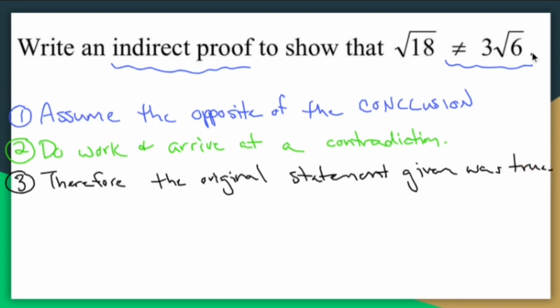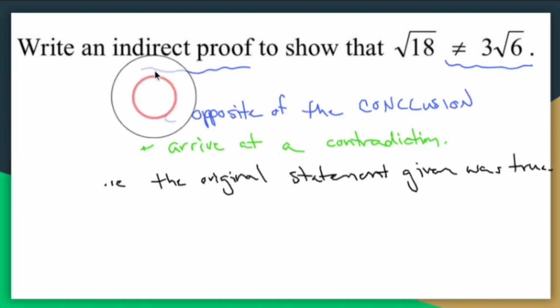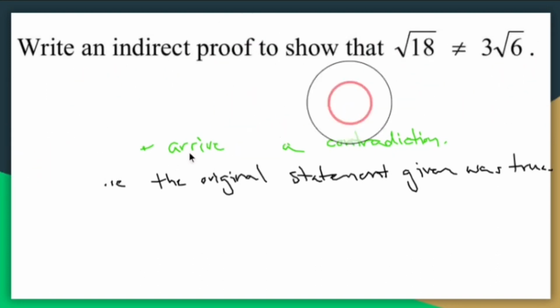Okay? So one more time, we're going to assume the opposite of this. We're going to do some math and find out that that's not right, which means if the math doesn't work out, they can't be equal. Therefore, this can't equal that. So let's give it a shot. Let's give it the old college try.